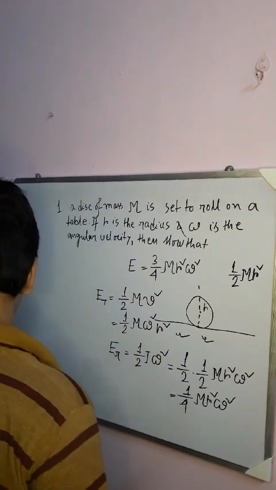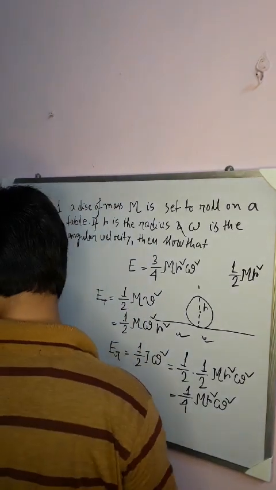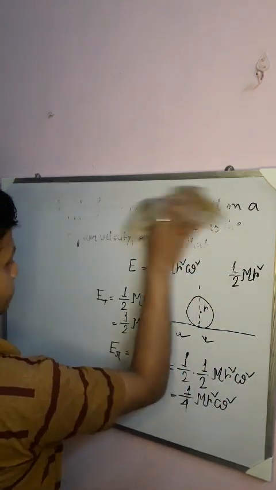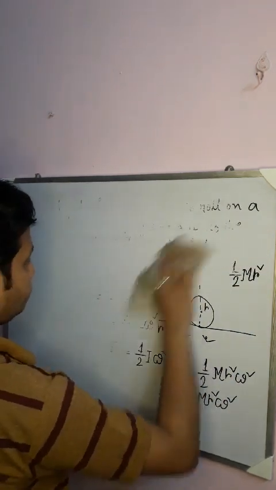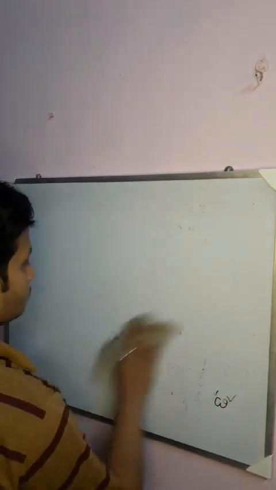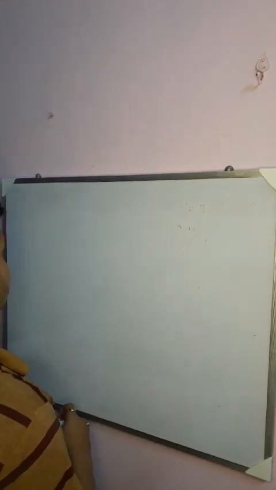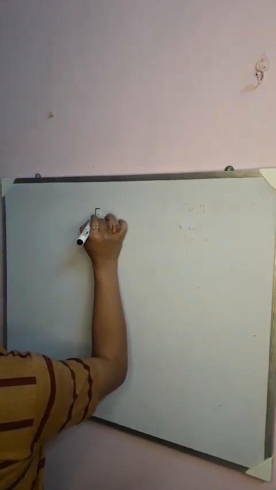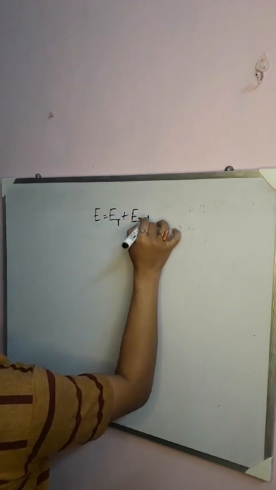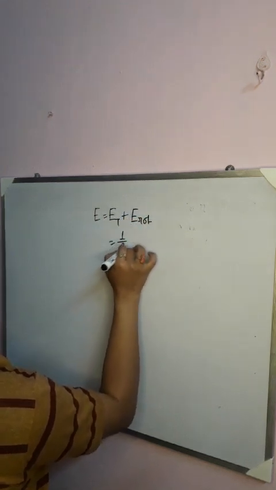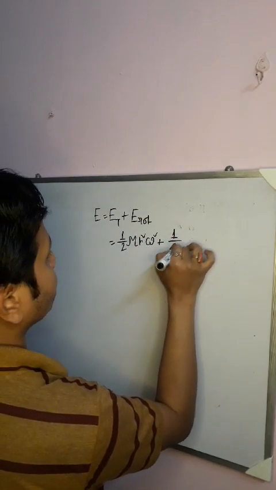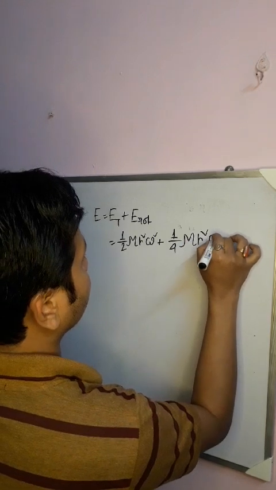So what would be the total energy of the system? We just have to add these two terms. The total energy is E translational plus E rotational, that is half m r square omega square plus 1 by 4 m r square omega square.